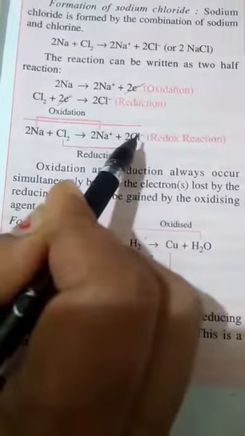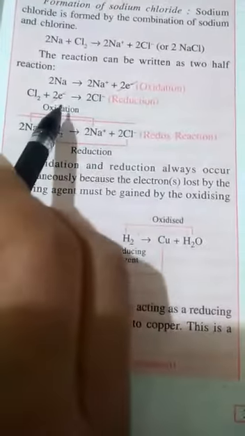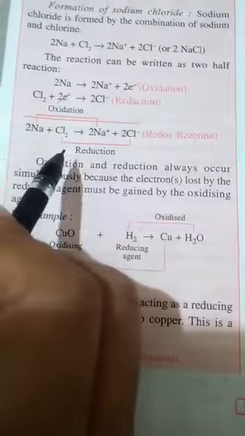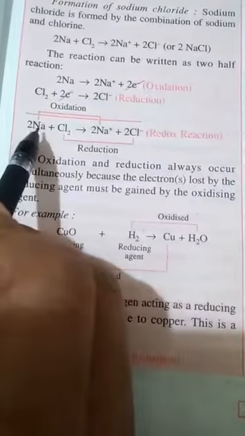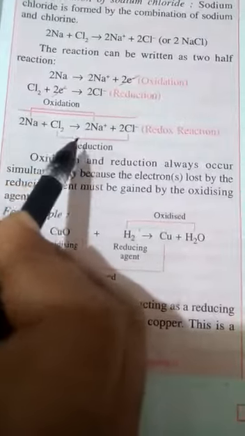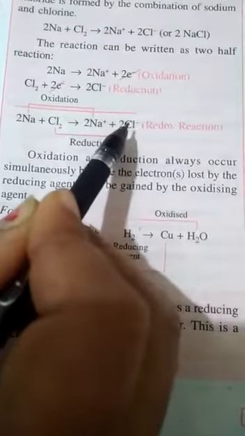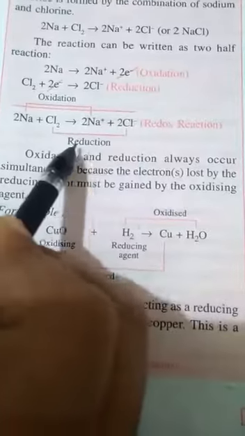This full reaction is called a redox reaction, and if you make it half and half, then there is an oxidation reaction involved and a reduction reaction involved. See here, a sodium atom getting converted into a sodium ion is an oxidation reaction, and a chlorine molecule getting converted into chlorine ions is known as a reduction reaction.